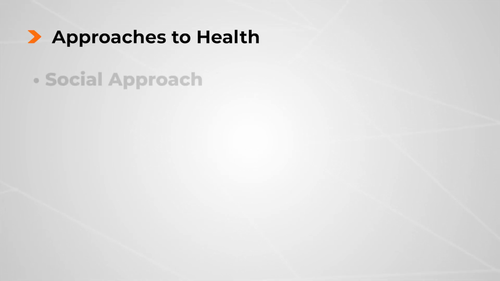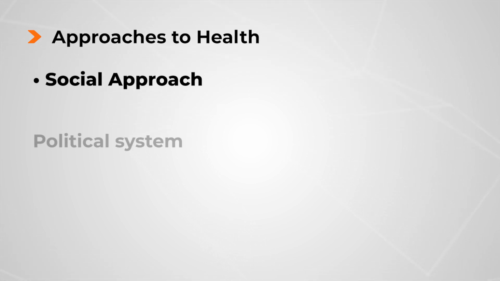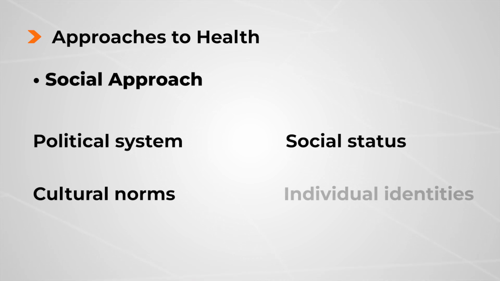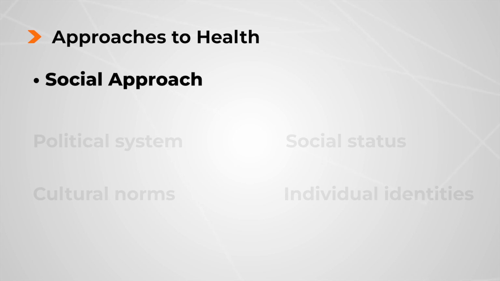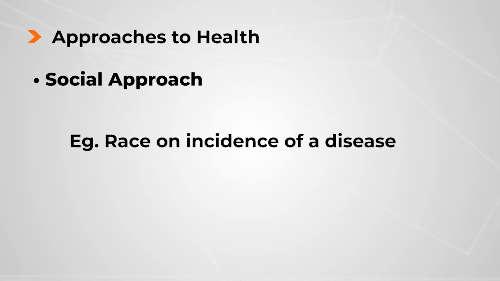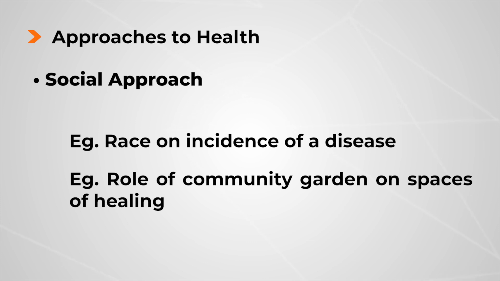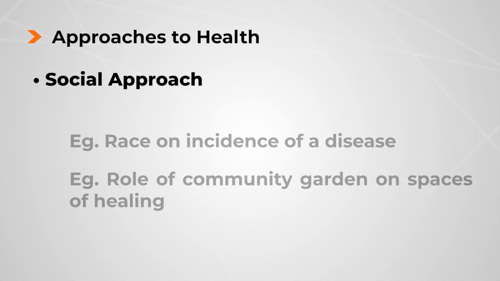We have learned that health can be understood through the social approach. These factors include political system, cultural norms, social status and individual identities. Studies like the influence of race on the incidence of disease or the role of community gardens on spaces of healing come under its purview.